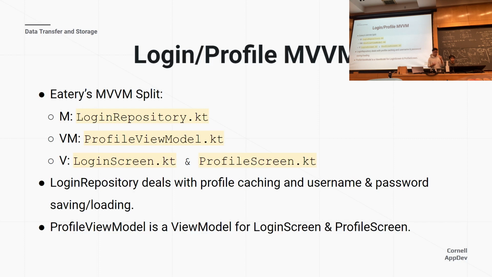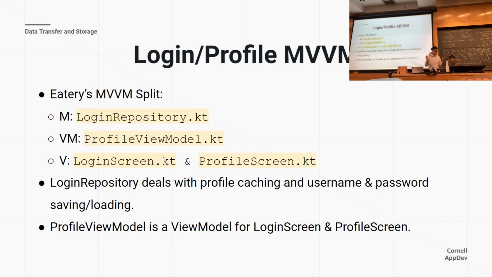So to talk about this actual example, we have the model, which is contained in the login repository, that's the file name. The view model is called the profile view model, and the view will be the login screen, which then transitions to the profile screen.